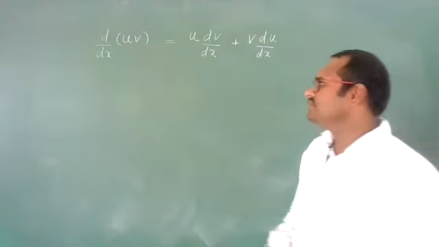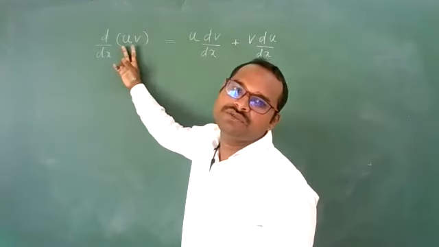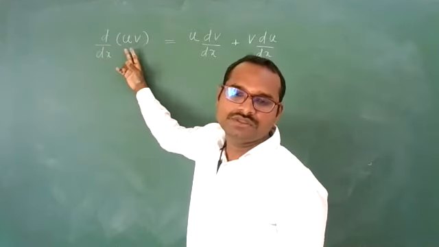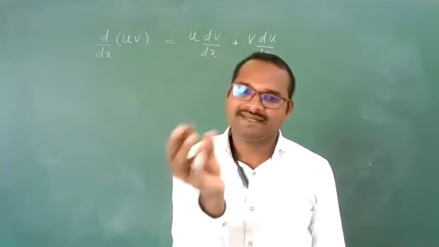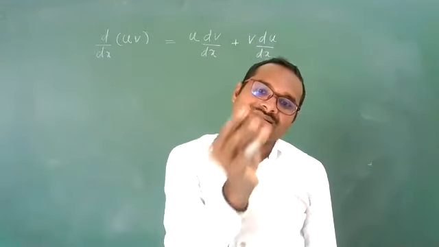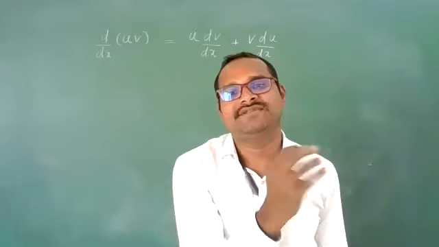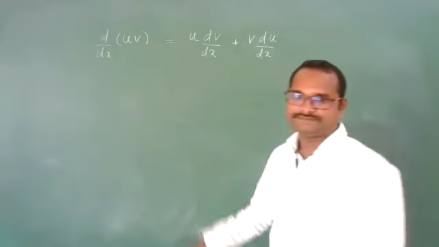Whenever a function is a product of two variables, and if you want to take the differentiation of that, what to do? First, you consider any one quantity as a constant, take differentiation, and next time consider second variable as a constant, take the differentiation, and add both of them. You will get the answer.